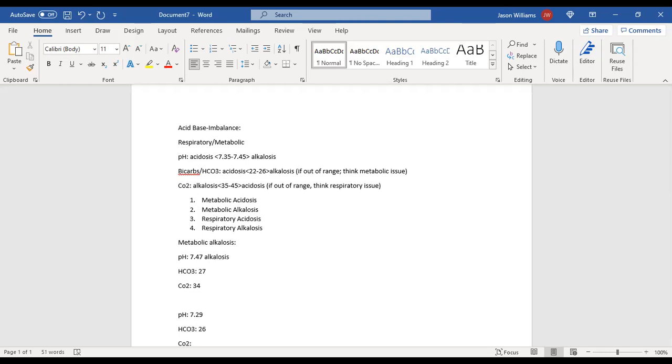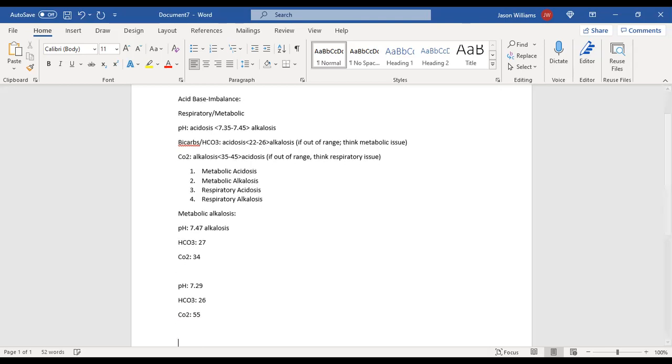You all can type your answer for this problem in the chat once I'm finished. I'm going to do one more, so we're going to label this number 1. CO2.